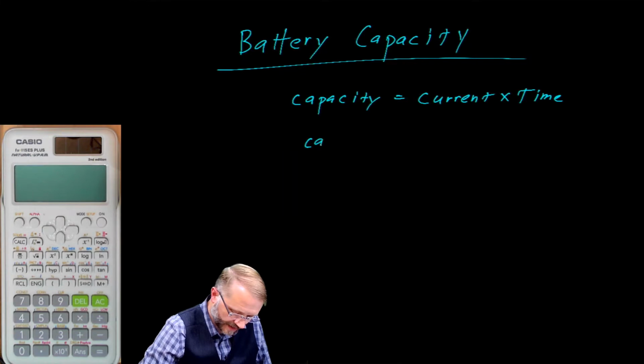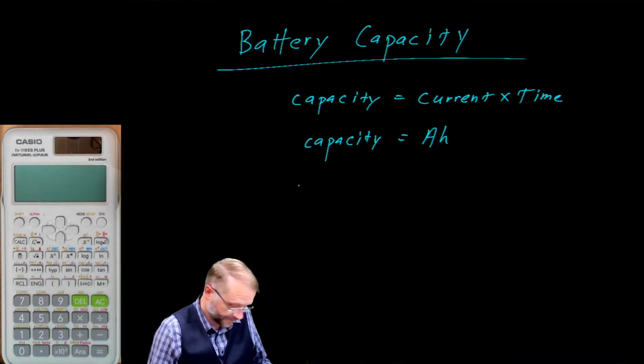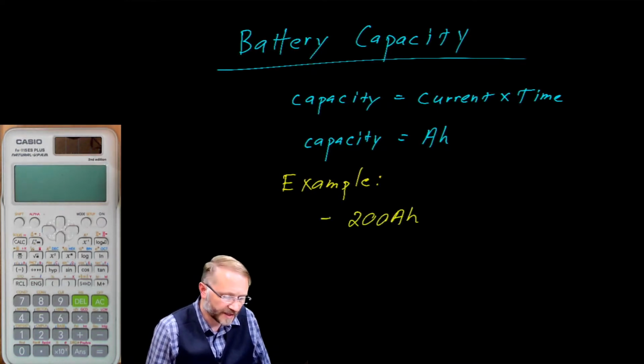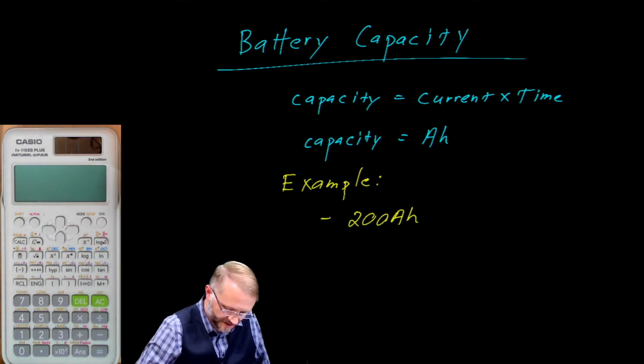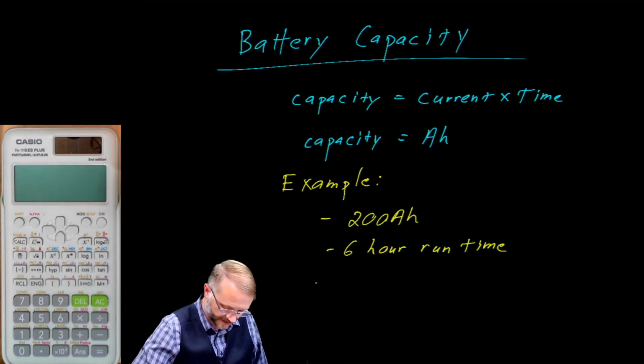So you said the capacity is equal to the amp hours of the battery. As an example, suppose you're given a 200 amp hour battery and you're told that this particular battery can run the circuit for 6 hours. So a 6-hour runtime. Can you determine what the current is?